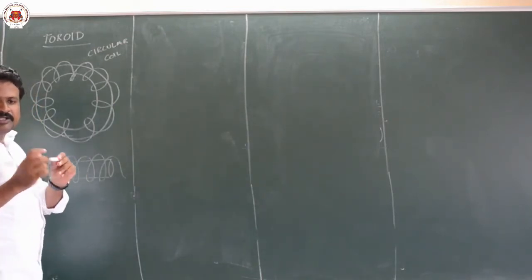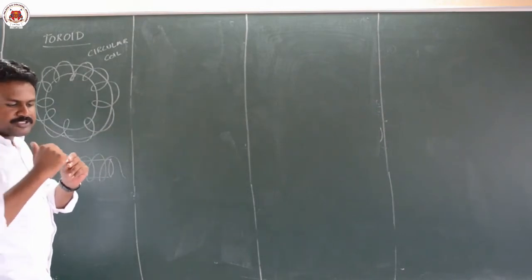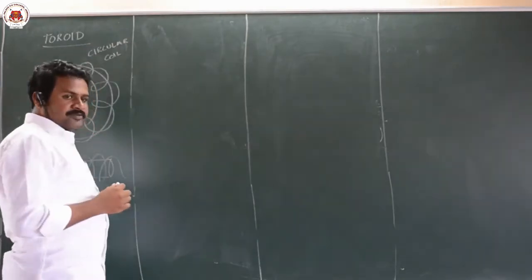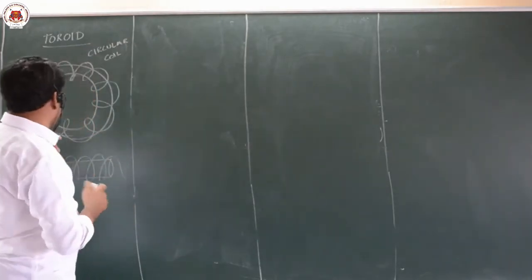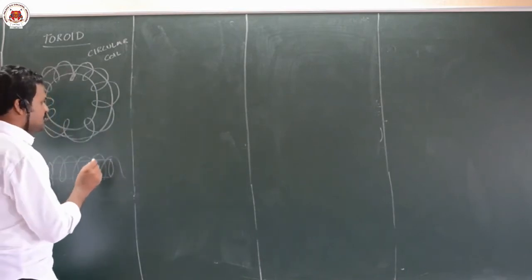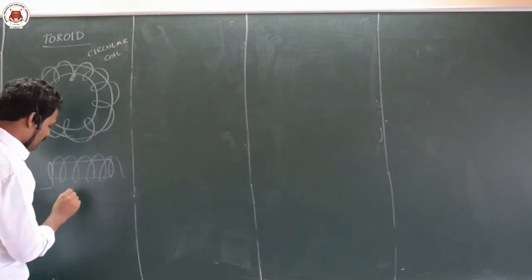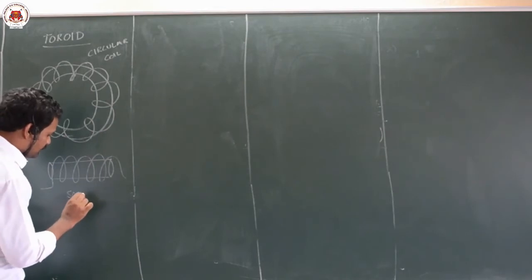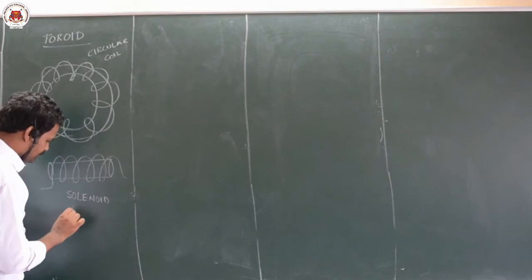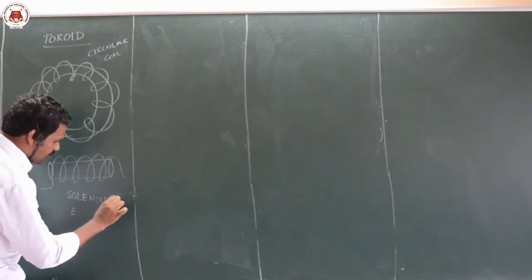For a solenoid we have taken a cylinder, and for a toroid we will take a circular coil and wind a wire around it.